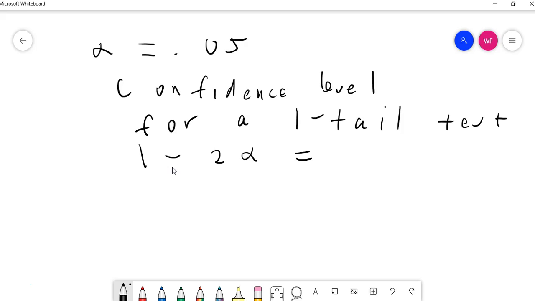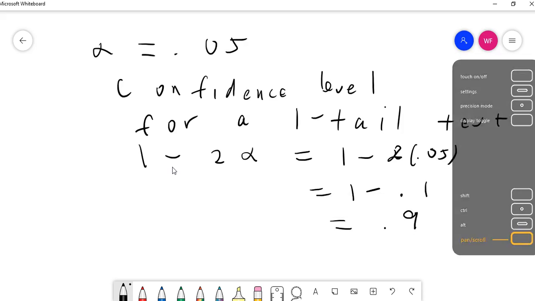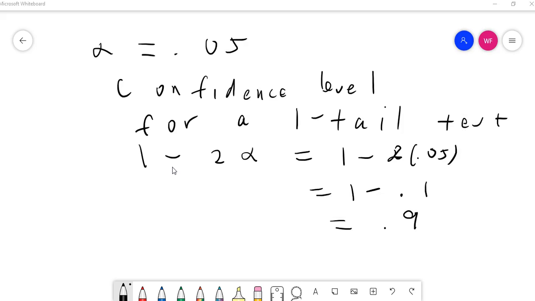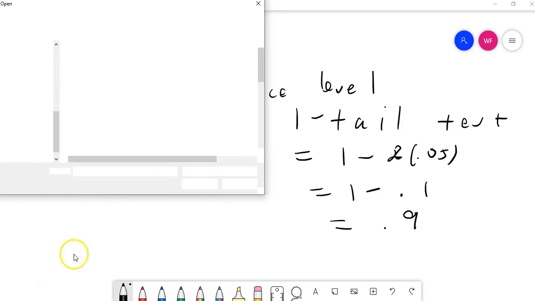In this example that's 1 minus 2 times 0.05, which is 1 minus 0.1, which is 0.9. So that's the confidence level we want to use for this test.